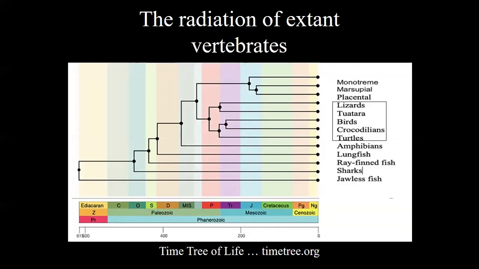So this is a phylogeny for the vertebrates. It starts back even before the Cambrian. On the left, the C is for the Cambrian period. And the most primitive, the most basal of the things that we're interested in would be the jawless fish, and the extant jawless fish are lampreys and hagfish.